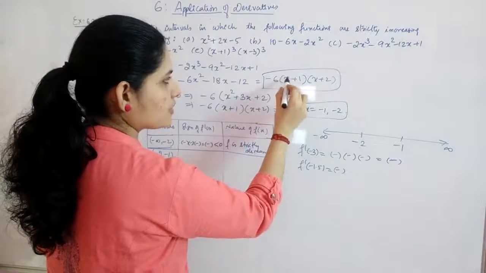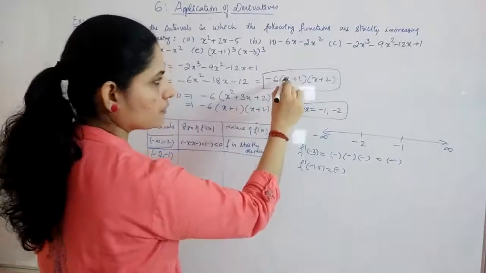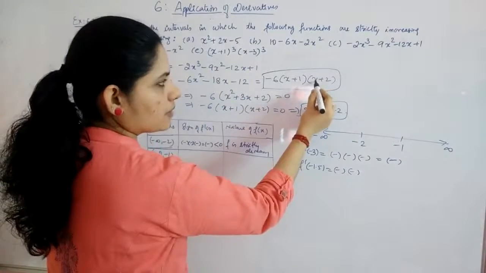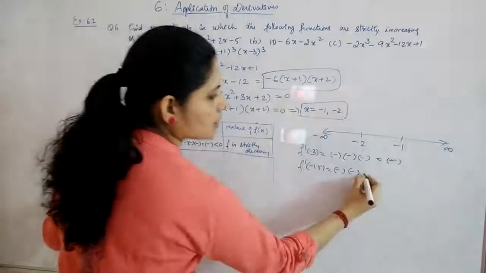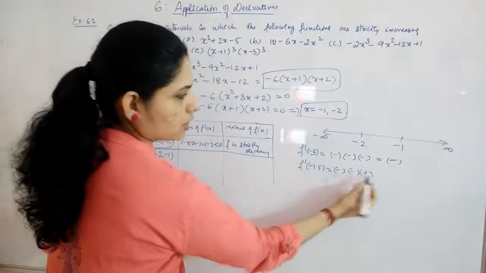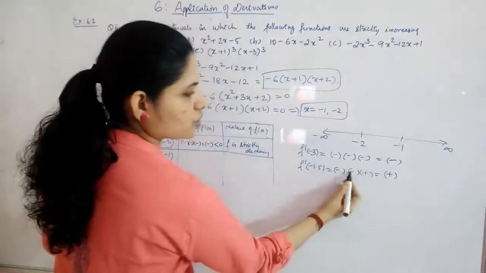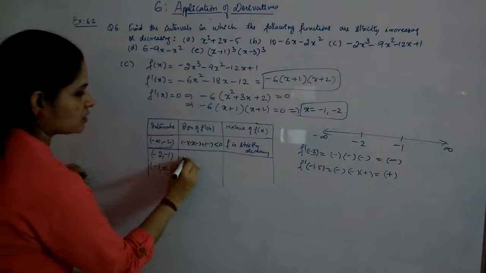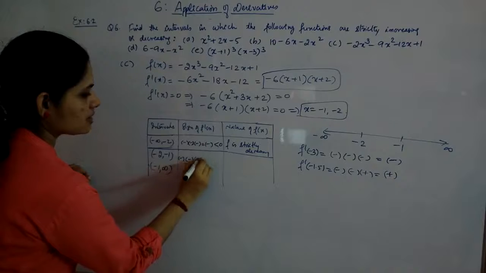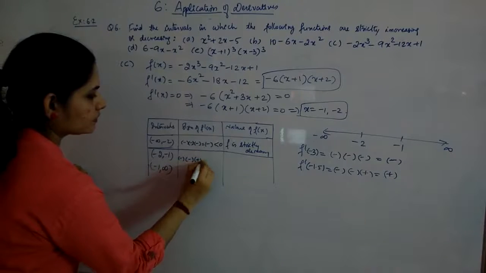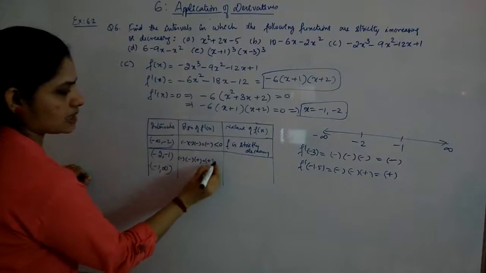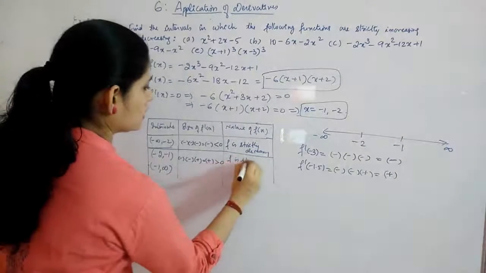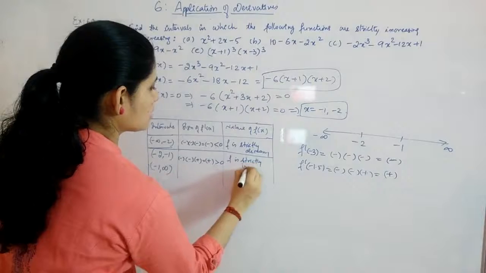Here minus 1.5 plus 1 is minus 0.5, that is negative, so you will get a negative sign again. Here minus 1.5 plus 2, 2 is greater, so you will get a positive sign. So in total you are getting minus into plus, which is equal to plus. Plus means it is greater than 0. So the function is strictly increasing in this interval.